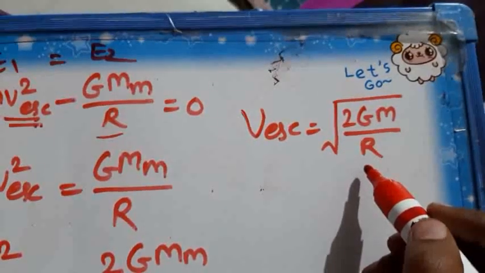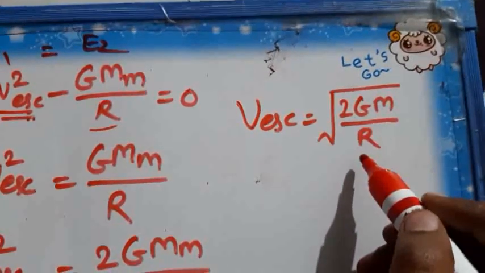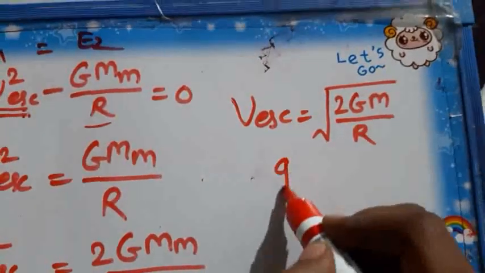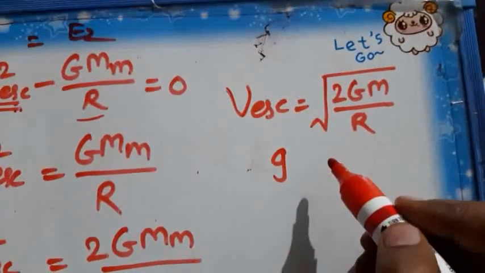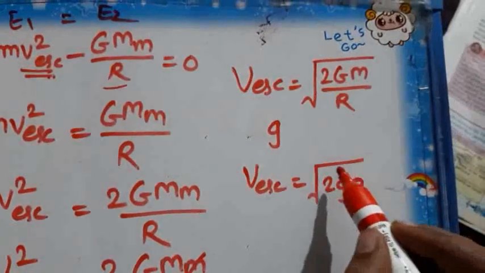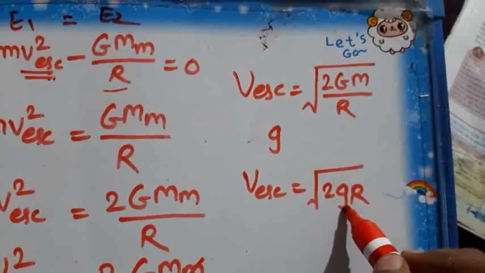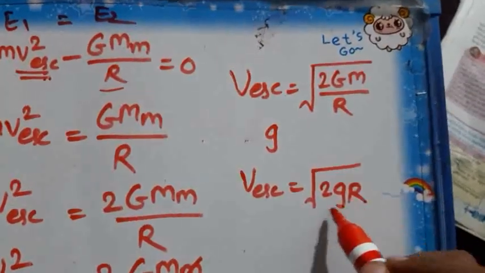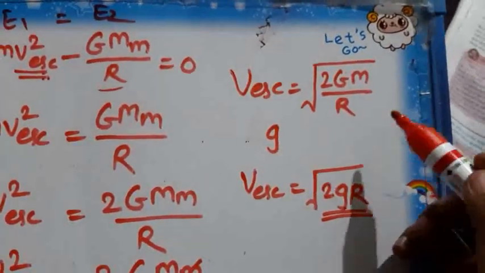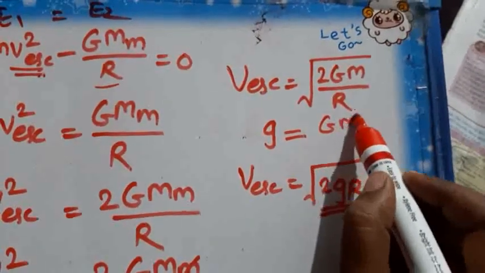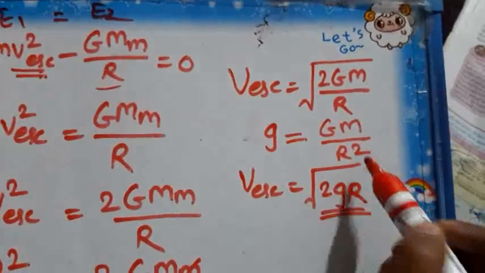If we want this value in terms of acceleration due to gravity, it will be under root 2 acceleration due to gravity into r. How has this formula come? We know that acceleration due to gravity is GM divided by r square.